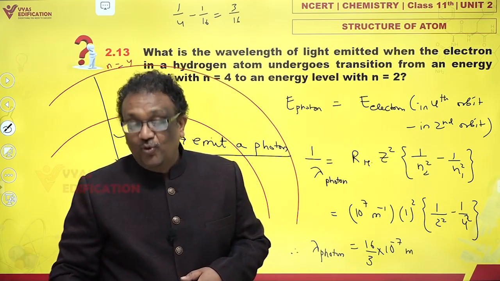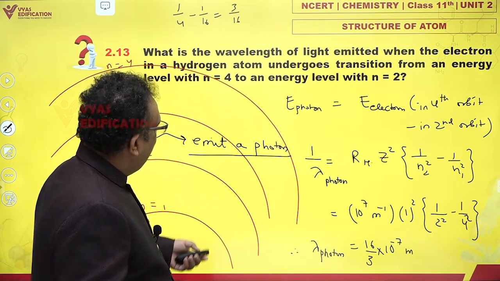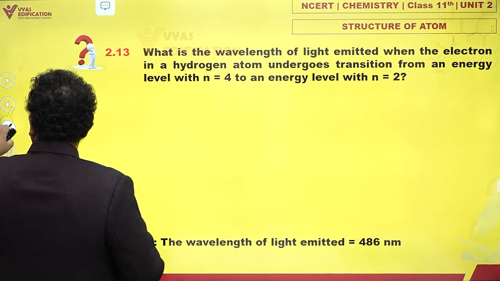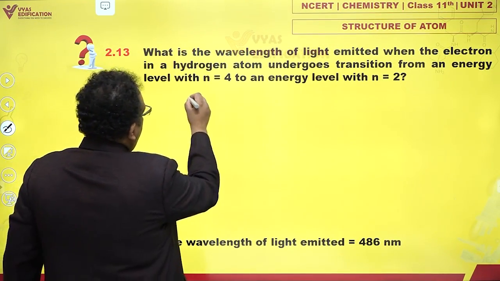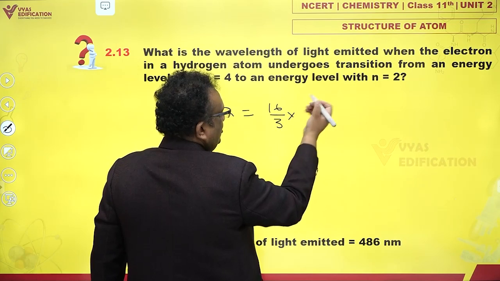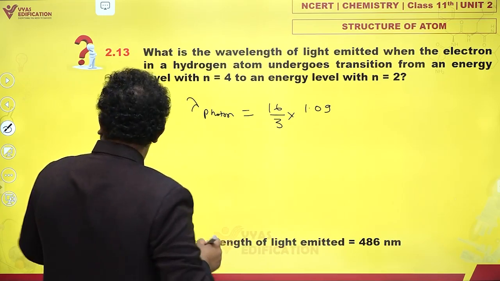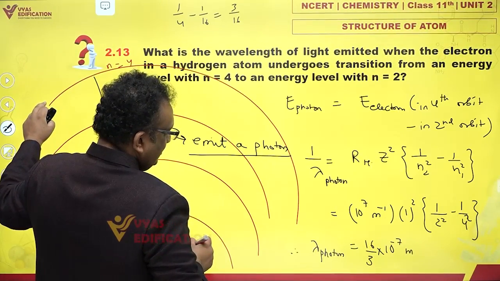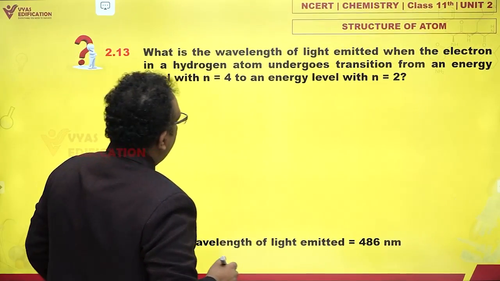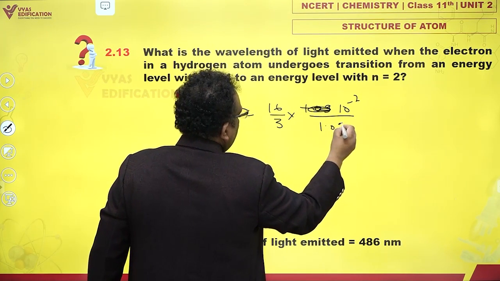If you want, I can give you a more accurate value of Rydberg's constant also, and we can calculate that more nicely. Let me just do it for you properly. Lambda photon is 16 by 3 into 10 raised to minus 7 upon 1.097, with Rydberg's constant in the denominator.